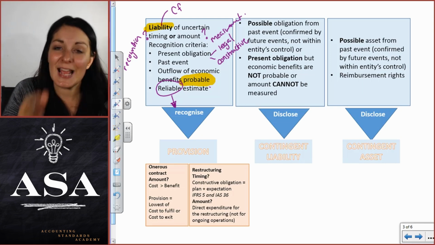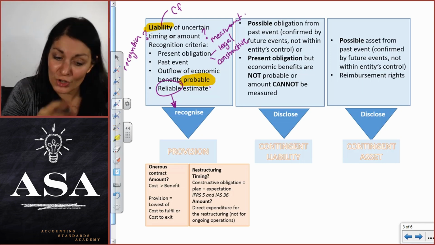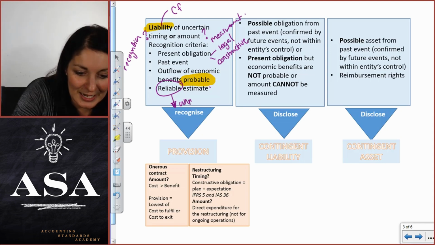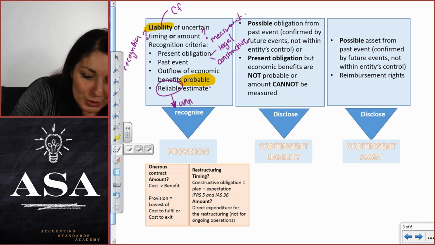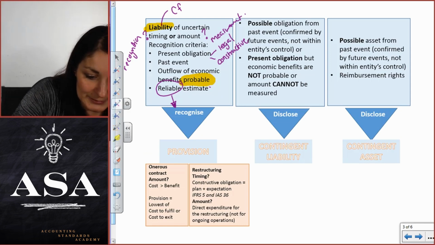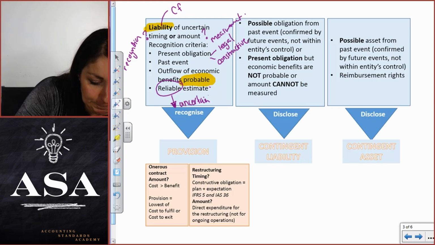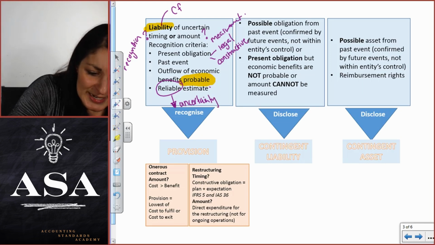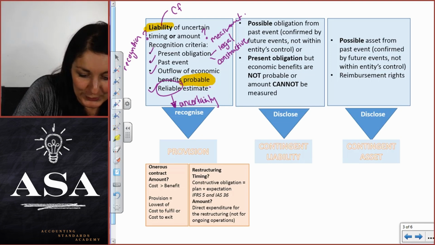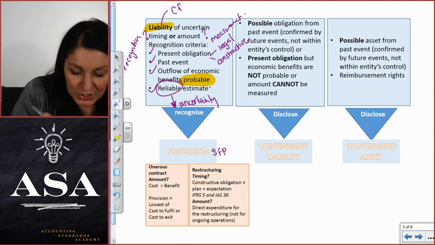So it's not that there's absolute certainty. No, there's still uncertainty. But you should be able to put an amount to it that is actually reliable. Okay, so there is still an amount of uncertainty here. Now, when you meet these 4 criteria, you can recognize a provision in your statement of financial position.